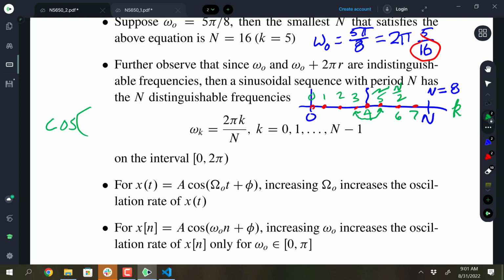This is not a spectrum plot per se, it's just looking at k relative to n for n equal to 8. So I'm going to plug in, suppose I have a sinusoidal frequency at 2 pi times 5 over 8 n. And then what I want to do is see that that's going to be equivalent to 2 pi times 3 over 8 times n.